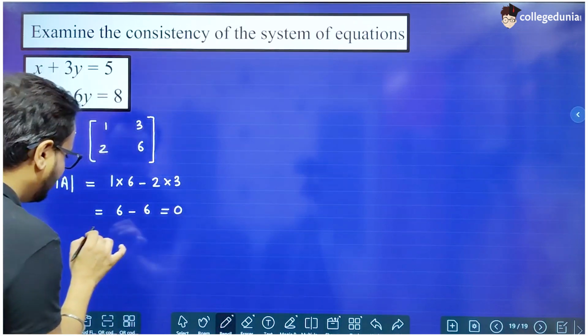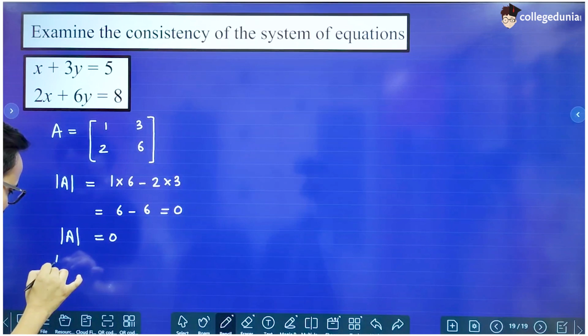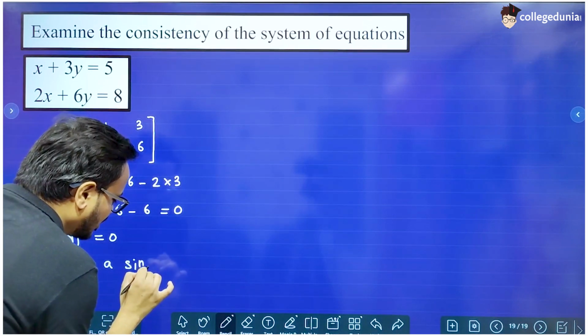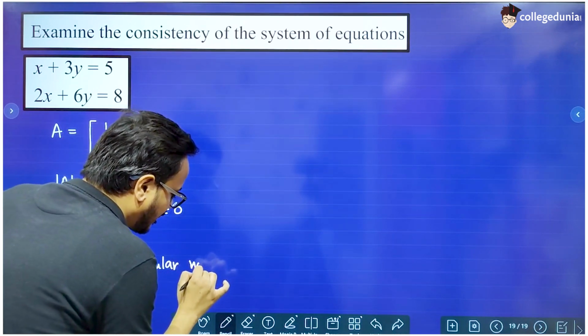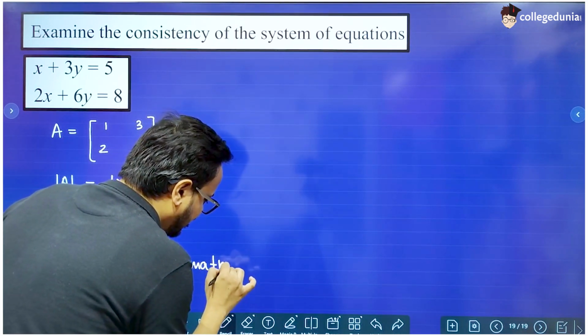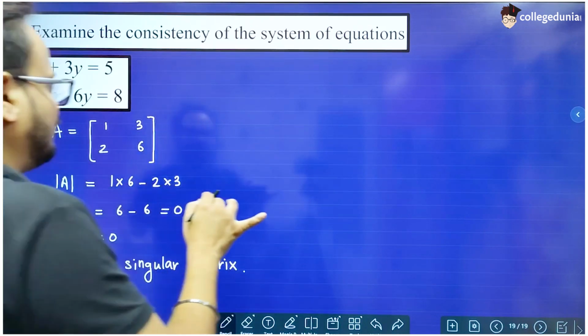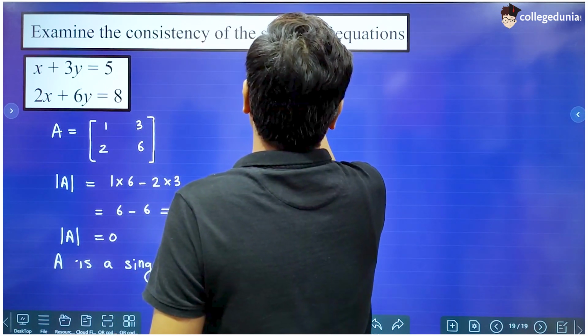So determinant value is 0. If determinant is 0, we will say that A is a singular matrix, so we cannot find the inverse. But now let's find adjoint A into A.